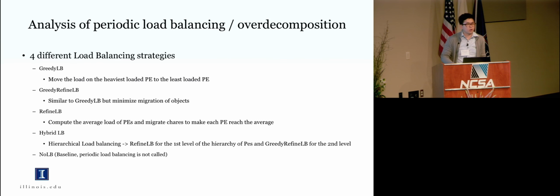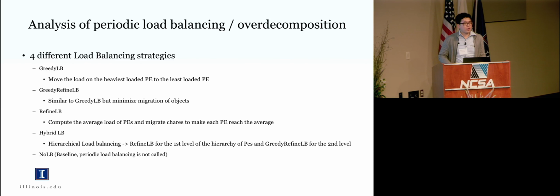I also used four different kinds of load balancing strategies. Greedy LB is the most common one, and it moves the load from the heaviest loaded PE to the least loaded PE. And GreedyRefine LB is the modified and refined version of greedy LB. It minimizes the migration of chares. And Refine LB computes the average load of PEs and makes all the PEs reach the average.